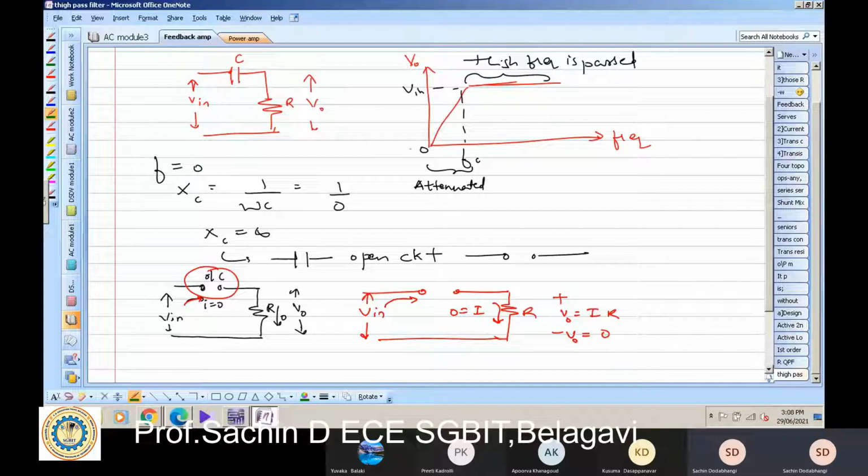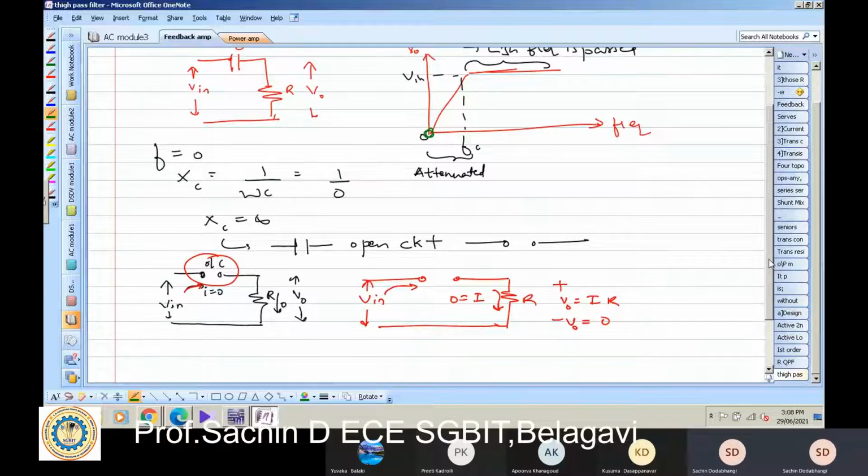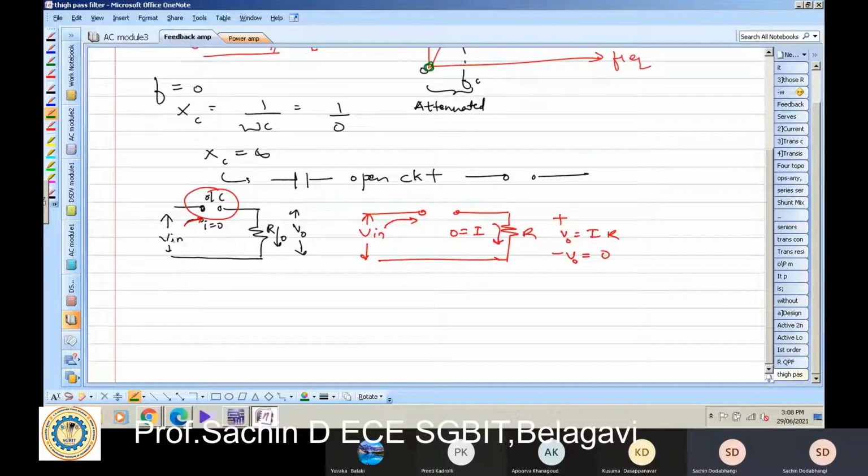Now I'll take frequency more than 0 but less than FC. Second case, for frequency more than 0 but less than FC. When frequency increases, same voltage divider rule, I can apply voltage divider rule here. Can anyone tell me the output voltage, looking at this diagram?